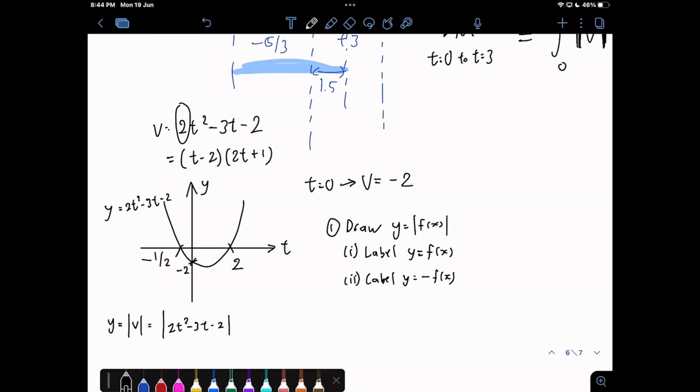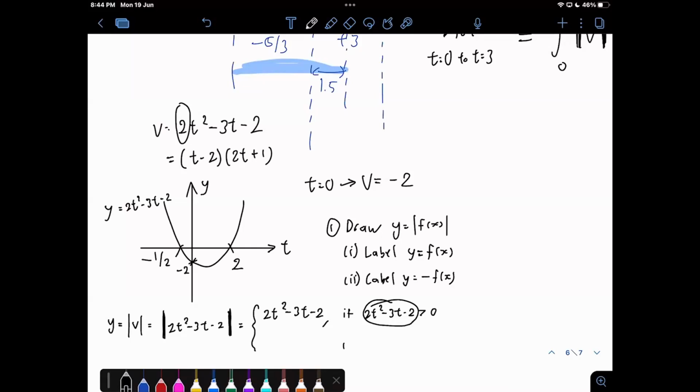But this will actually be equal to two pieces. It's the original function itself if 2t squared minus 3t minus 2 is positive. Does that make sense? If the expression itself is positive, then taking the modulus, nothing happens to it. It stays the same.